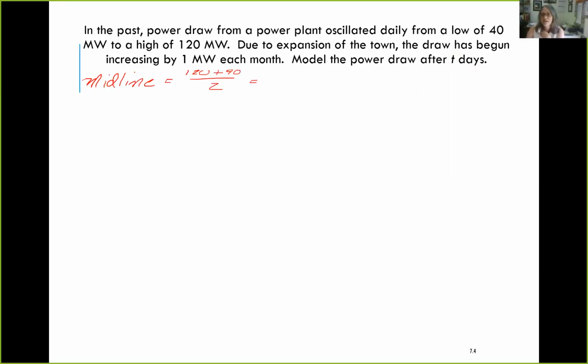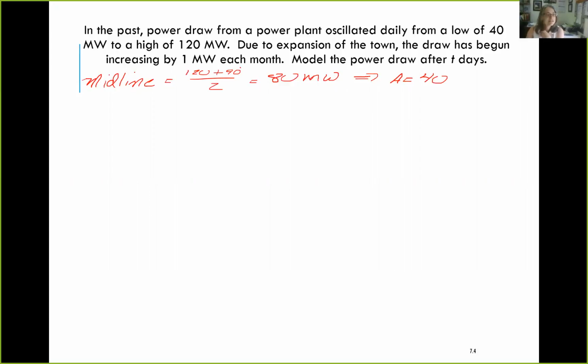So our midline, our average, is going to be 80 megawatts. And we're going to oscillate 40 megawatts above that value and 40 megawatts below that value. That tells us that our amplitude is 40. So we've got our midline and our amplitude.